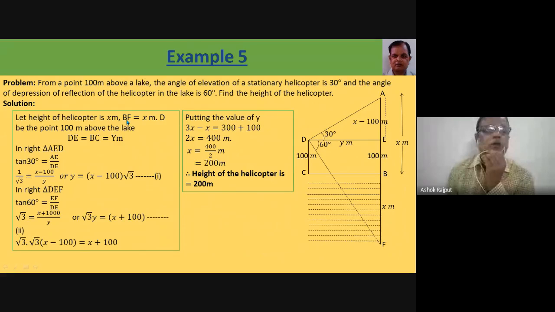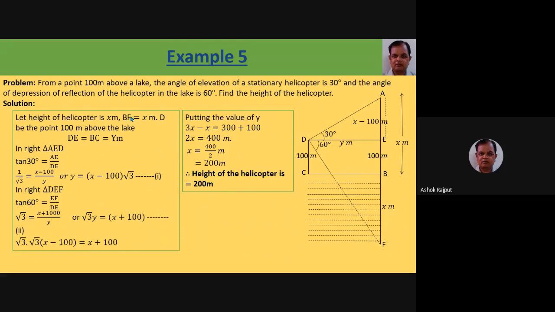As we are seeing here, BF is x meter and DB the point 100 meter above the lake. DE equal to BC, it is y meter.